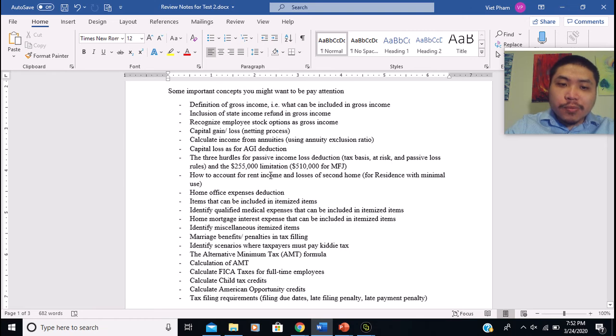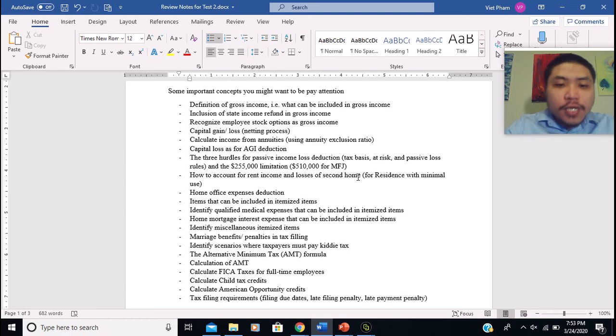And also remember that even if the taxpayers pass all the 3 hurdles, there's a limitation on the amount of loss that they can deduct. So the cap is $255,000 for all taxpayers, except for married filing jointly, where the limitation is $510,000. So all of that is in chapter 5, right, so please go back there to review.